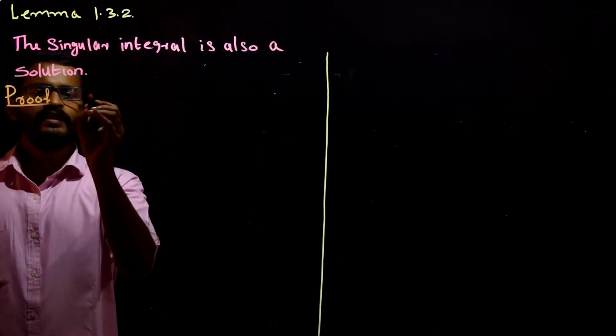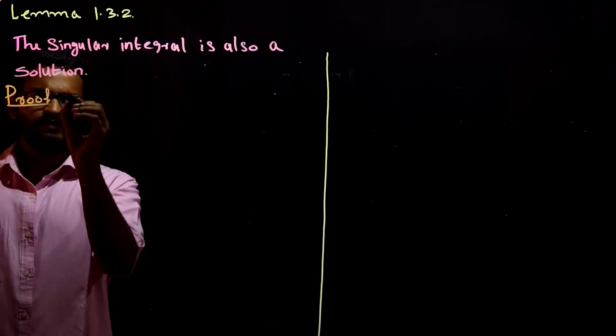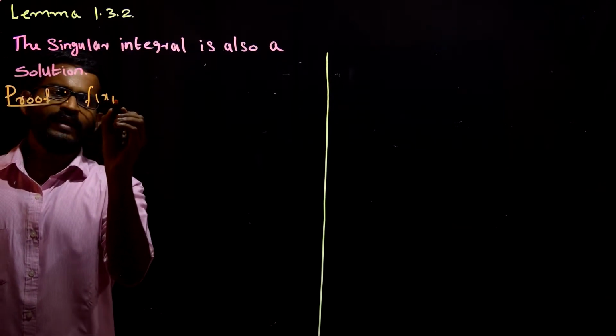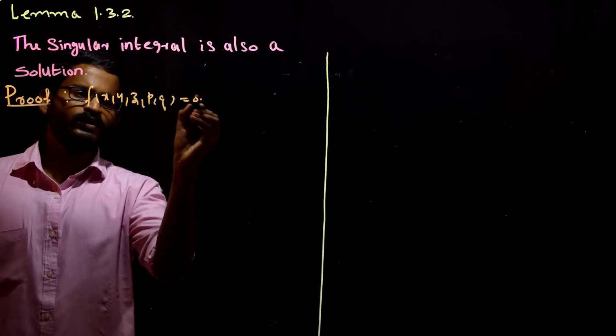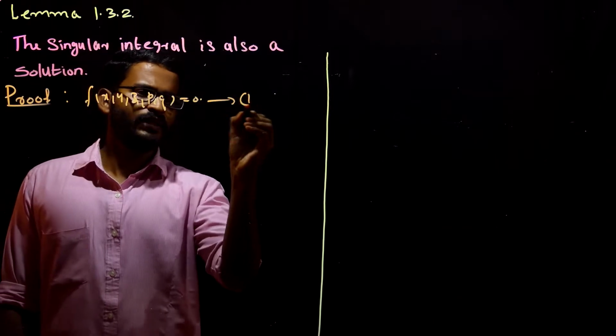So we have the PDE f of x, y, z, p, q equal to 0, and mark it as equation number 1.